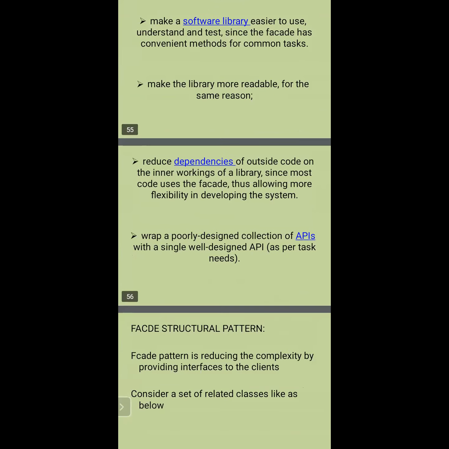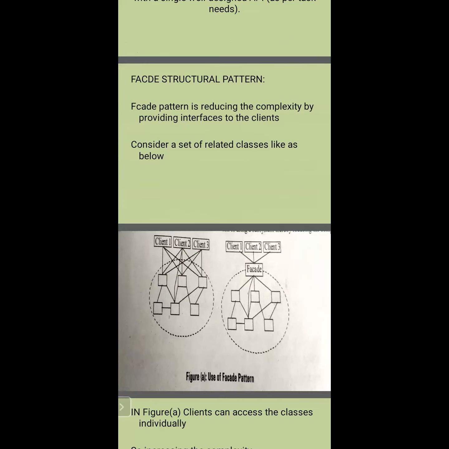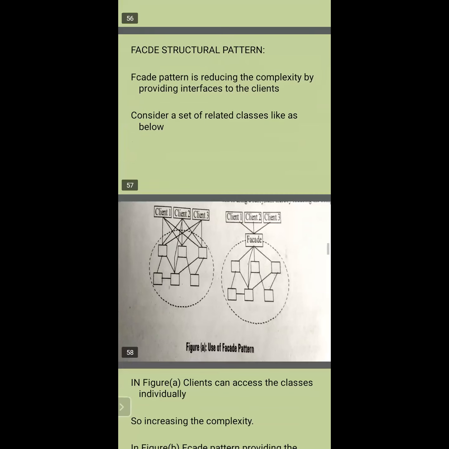It reduces the dependencies of outside code on the inner workings of the library, since most code uses the facade, thus allowing more flexibility in developing the system. So using the facade gives flexibility, usability, understandability, and reduced complexity. The facade structural pattern reduces complexity by providing interfaces to the clients. In the last class, we observed this diagram.